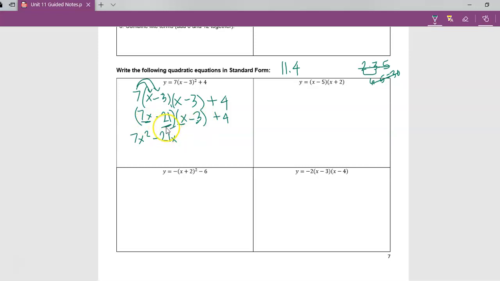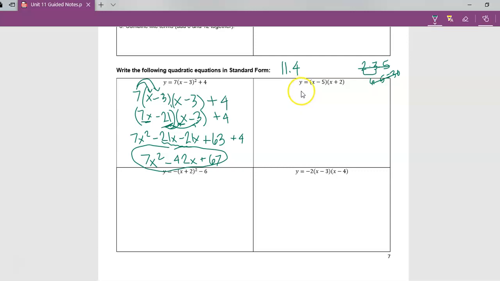Now, negative 21 times x gives me another negative 21x. Negative 21 times negative 3 gives me plus 63. And then I still have my plus 4, and now it's just combining like terms. 7x squared, these two are like terms, so that would be negative 42x. And then 63 plus 4 gives me plus 67. So there's the standard form.